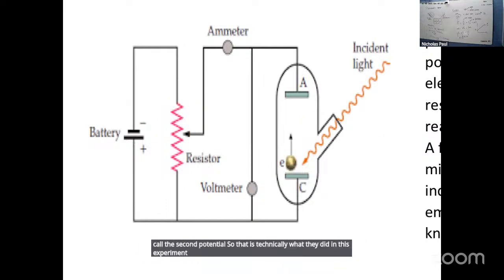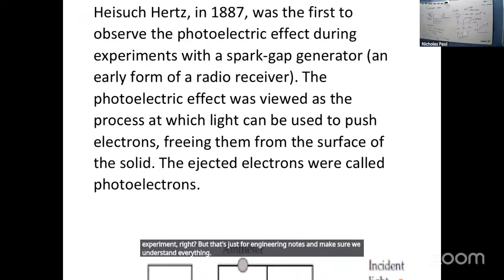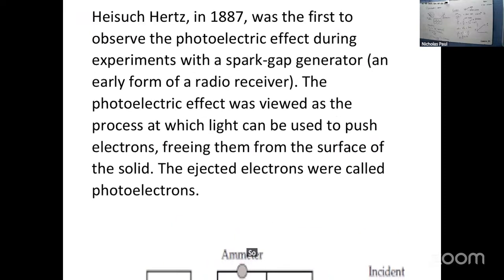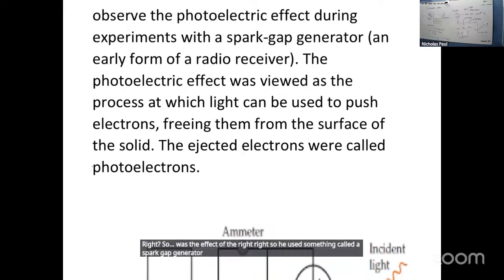Okay, so that is technically what they did in this experiment, right? But let's just run through the notes and make sure we understand everything. So Hertz in 1887 was the first to observe the photoelectric effect during experiments using a spark gap generator, an early form of the radio receiver.